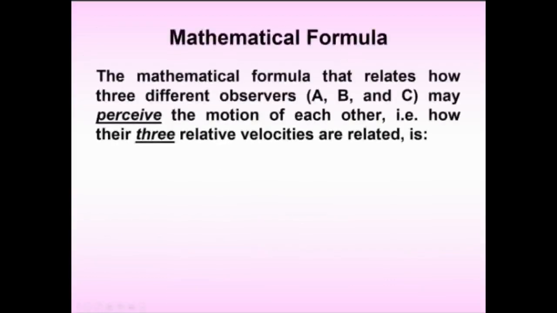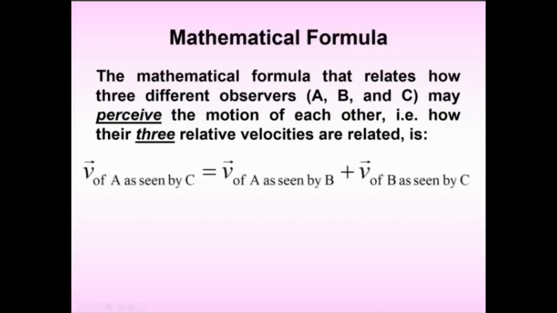So what's the mathematical formula now? Whenever you have A, B, C, because that's what you need as far as the observers. The mathematical formula that relates how 3 different observers, A, B, and C, may perceive the motion is the following. There we go. Go ahead, write that down.